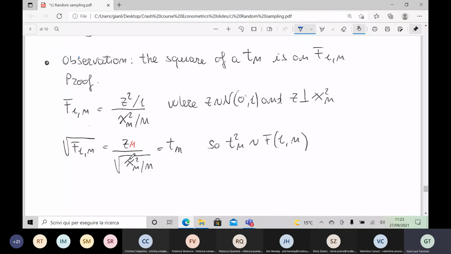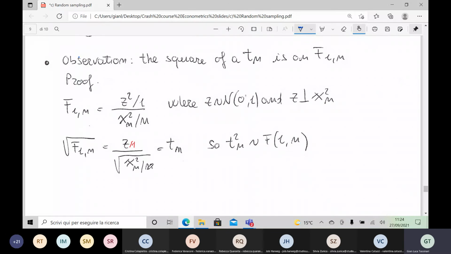So what does this prove? If you define a random variable which is the square root of an F of Fisher with 1 and n degrees of freedom, what do you get? The ratio theta divided by 1 is just theta, a standard normal, divided by the square root of a chi square divided by its number of degrees of freedom, where theta and the chi square are independent. By definition, this is a Student's t distribution with n degrees of freedom.